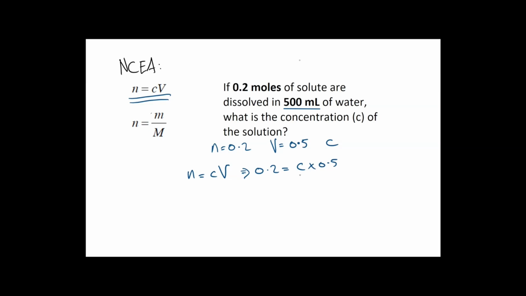So if we divide both sides by 0.5, it's no longer a chemistry problem, it's an algebra problem, those are going to cancel. So the concentration is going to be 0.2 over 0.5. So the concentration is going to be 0.4 moles per litre.